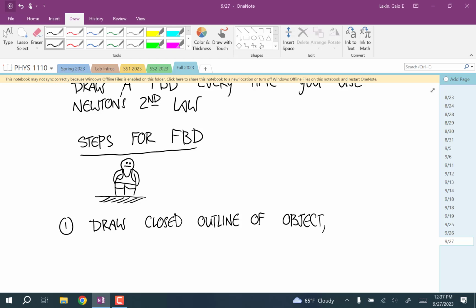We want to define a boundary where inside the boundary is our object and outside the boundary is everything else. And so we don't care about the eyes or what's in his pockets or anything. We only care about defining that boundary. So draw a closed outline of the boundary with no internal details, and no outside objects.